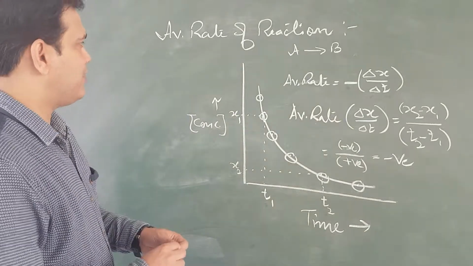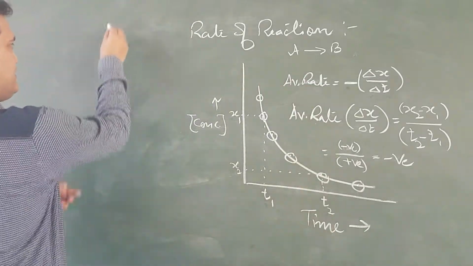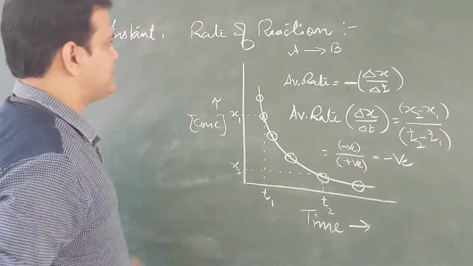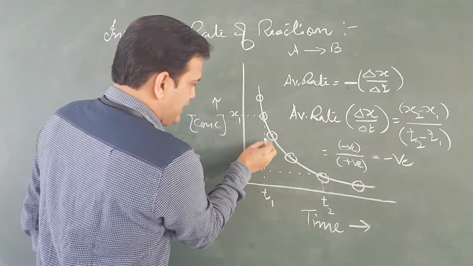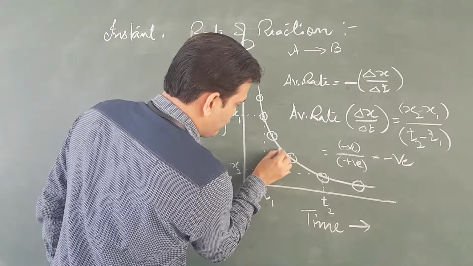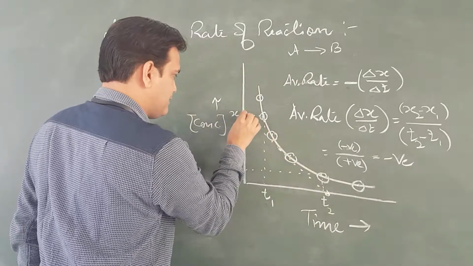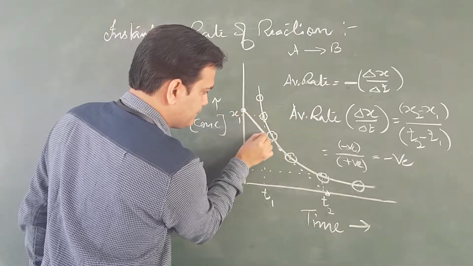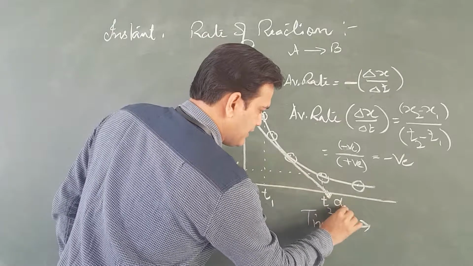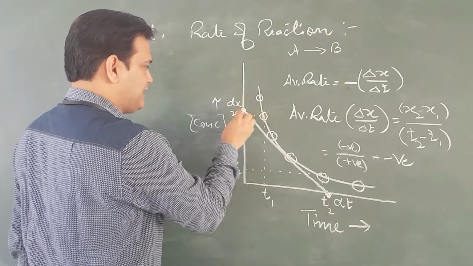Now, if we want to calculate instantaneous rate of reaction, then we will take a point. Suppose this is the slope, this is delta t and this is dx or delta x.